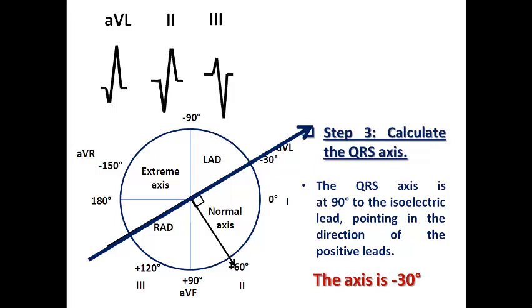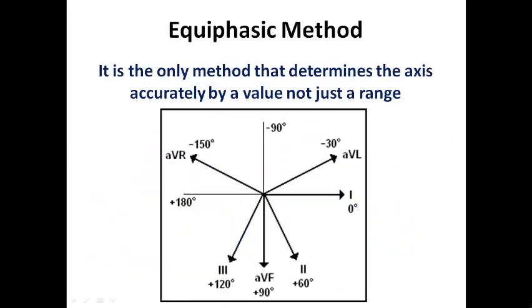So the axis is minus 30 degrees. The equiphasic method is one of the methods that is going to give you an estimate of the value of the axis, not just normal axis, left axis, right axis, extreme axis, but an estimate of the value of the QRS axis. So the equiphasic method is the only method that determines the axis accurately by a value, not just a range.